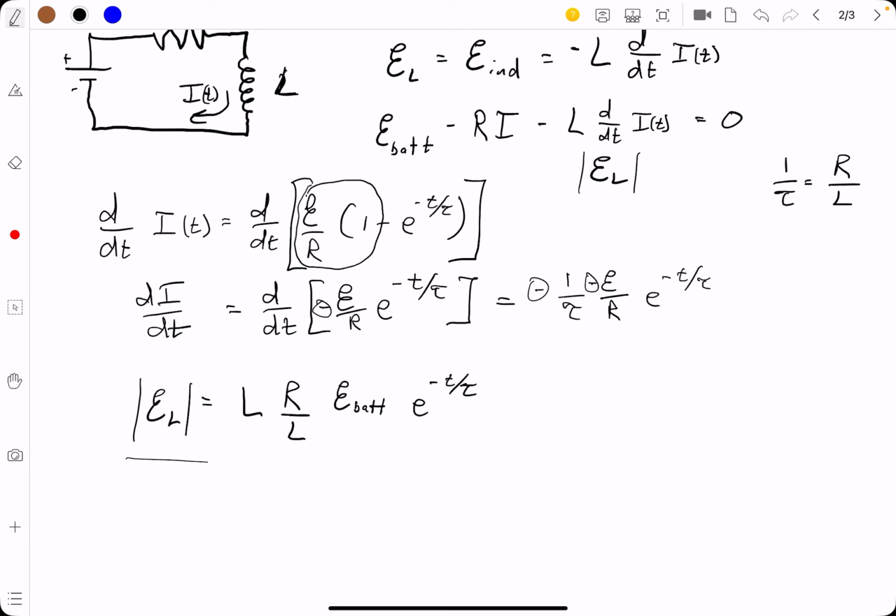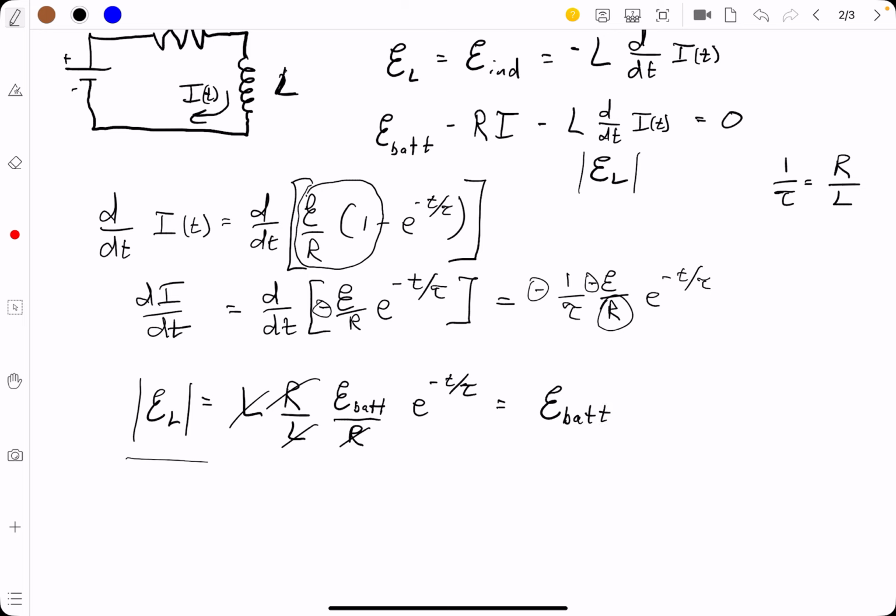Well, did I drop an R? I did. I dropped this R. We don't want to drop that R. This R cancels, this L cancels, and we are left with whatever our battery EMF is.